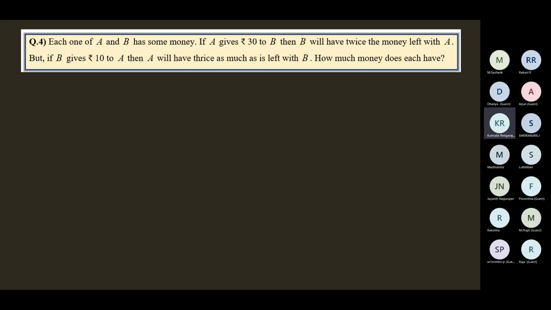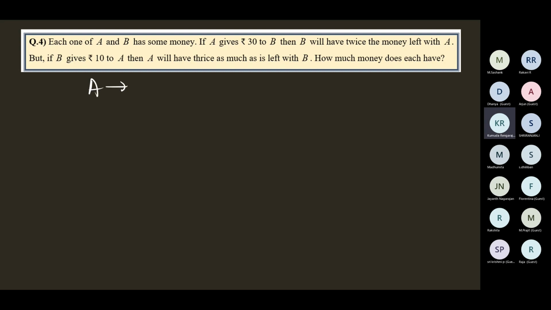Each one of A and B has some money. So that means let's say that A has X rupees and B has Y rupees.